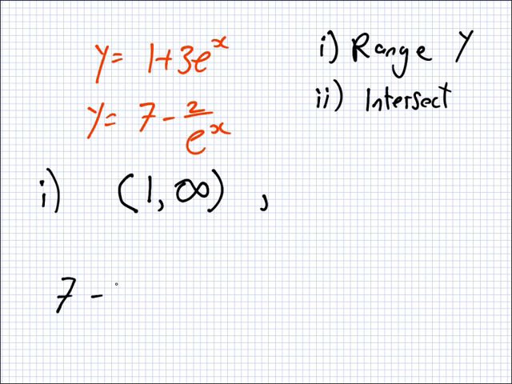If x is plus infinity, we get 7. But look what I can do to this. Actually, I could just leave it the way it is. What happens if the x is very small? What happens to this fraction?